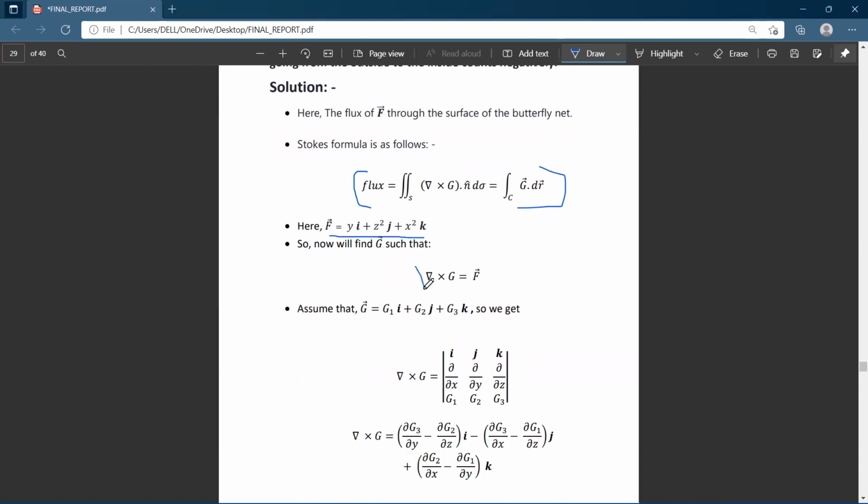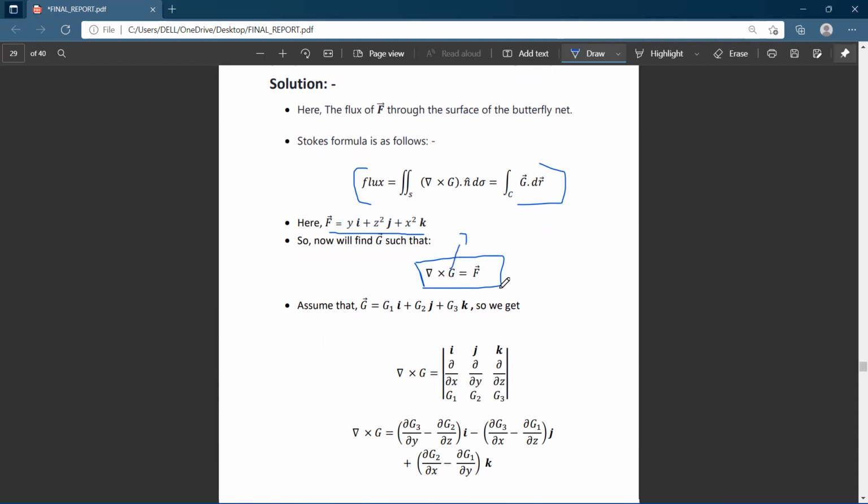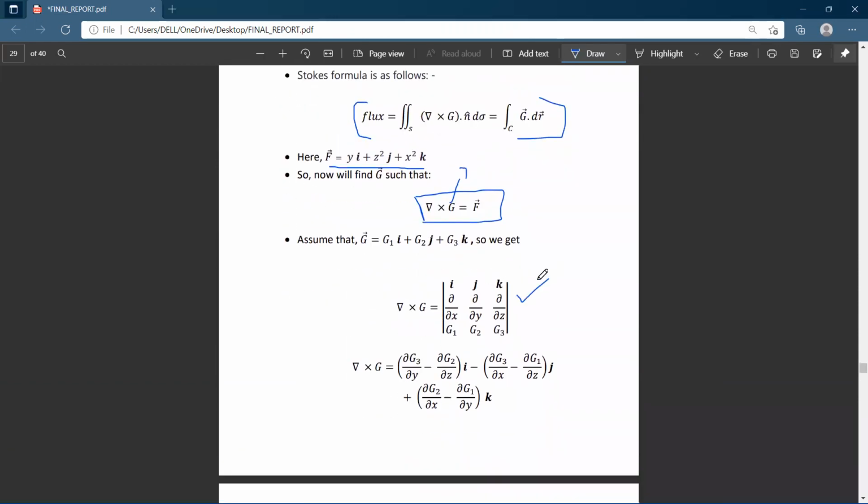We want to find G such that curl of G equals F, so that this equation is satisfied.